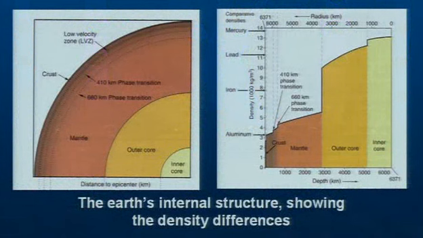And when we look at the densities of those portions, the inner core is of a density between the metal lead and mercury, whereas the Earth's crust is about the density of aluminum. So there's a big difference in densities. That's why the crust effectively floats. It's light and it floats on the mantle underneath.